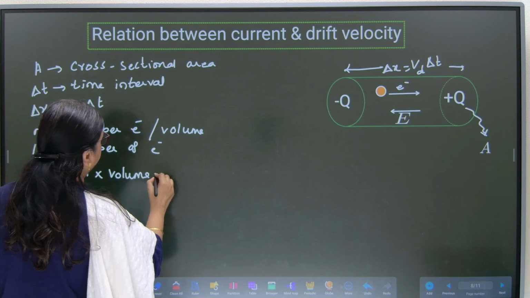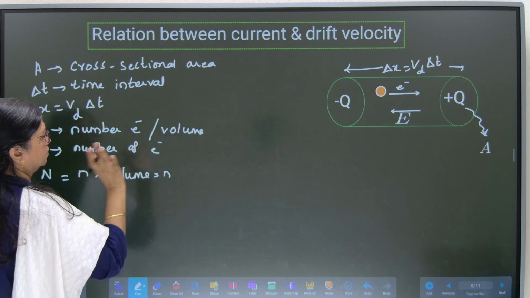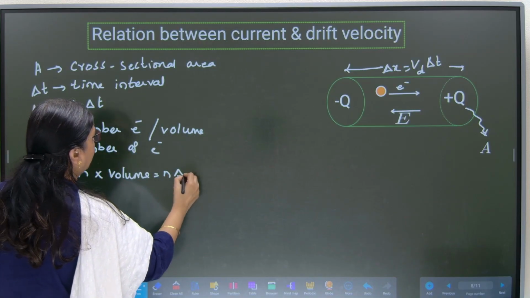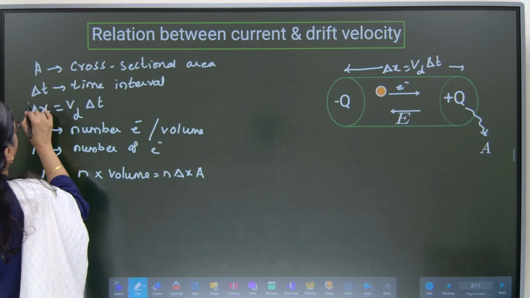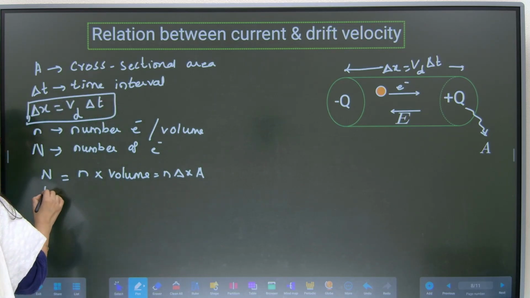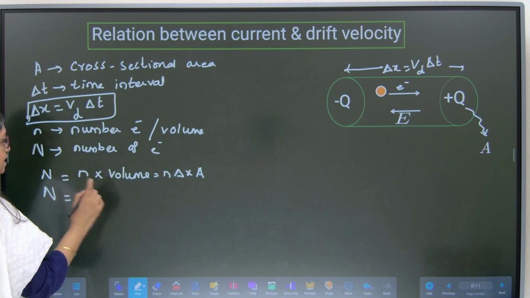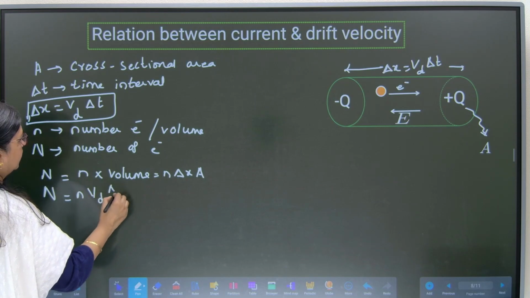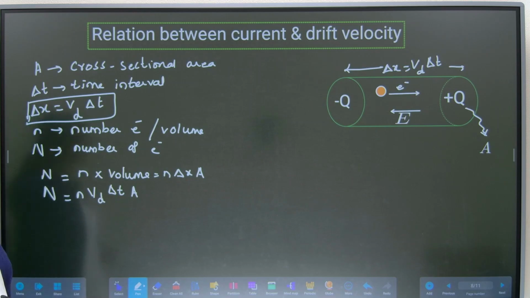What is volume? Volume is distance multiplied by area. Distance is delta x. So n delta x multiplied by area. Substituting delta x is equal to Vd delta t, we have the number of such electrons that are drifting is equal to n Vd delta t multiplied by area.